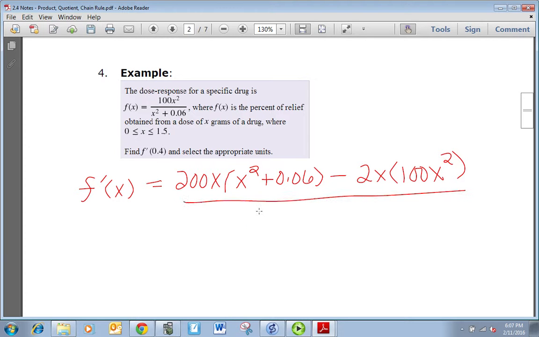And divide the whole thing by the bottom squared, which is x squared plus 0.06 all squared. Again, we don't have to simplify. We just need to plug in 0.4. So you put 0.4 everywhere you see an x. And if done correctly, you should get 99.17.